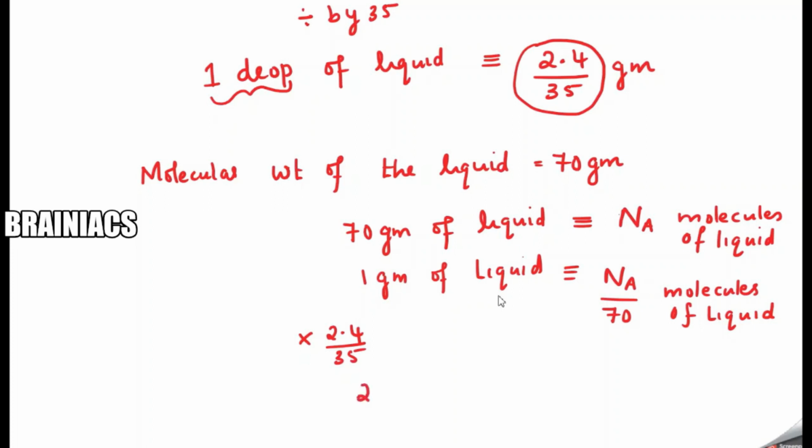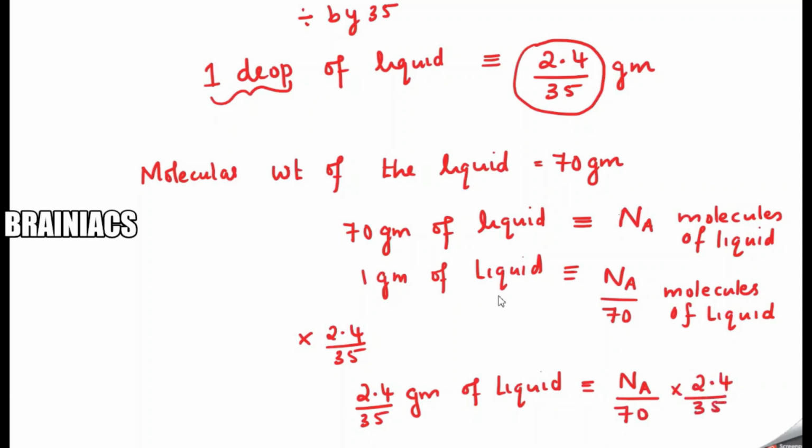So 2.4 by 35 gram of liquid has Na by 70 into 2.4 by 35 molecules.